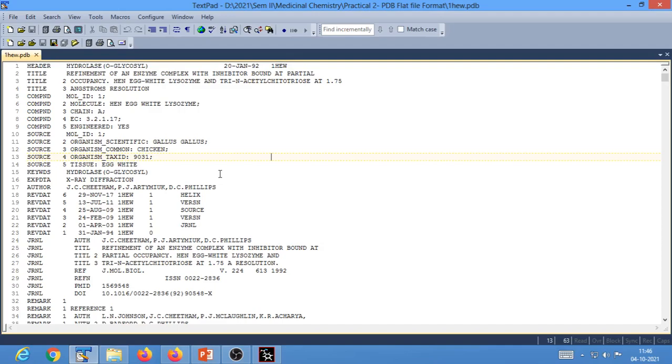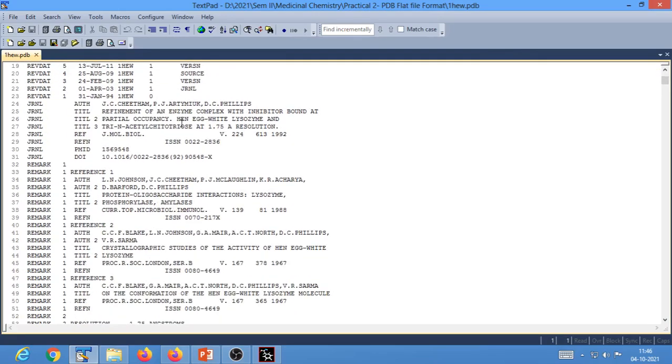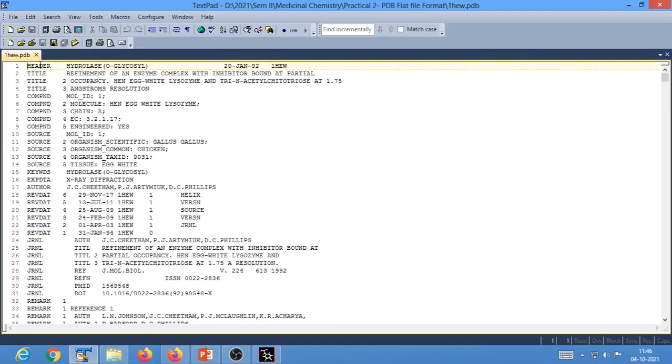Usually, annotation sections are present at the very beginning of your PDB file. Say, for example, your annotation section begins with the first line, and it has a lot of lines which begin with different keywords.